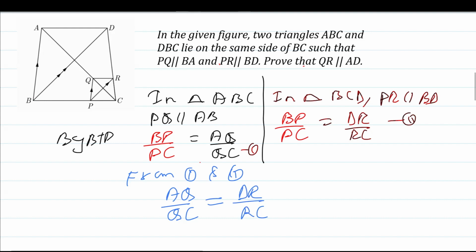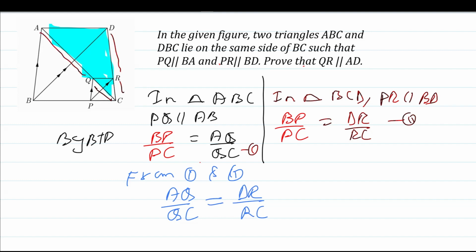Now we have obtained this relation, and it belongs to this triangle. We have AQ over QC is equal to DR over RC.